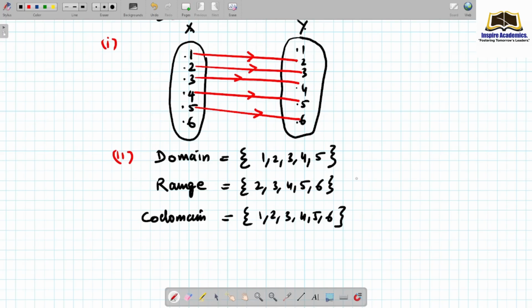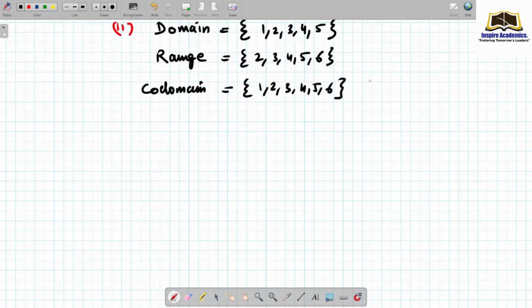Let us take yet another problem. Illustration 2. So let's draw a figure.